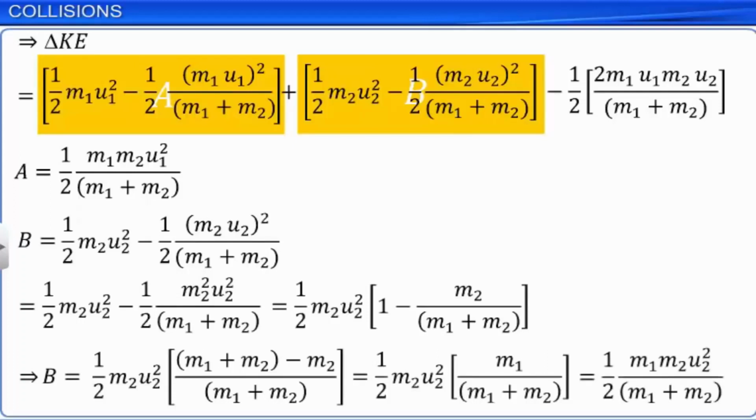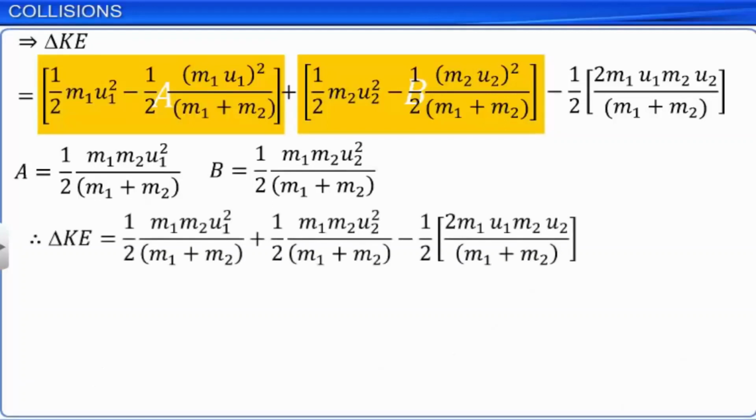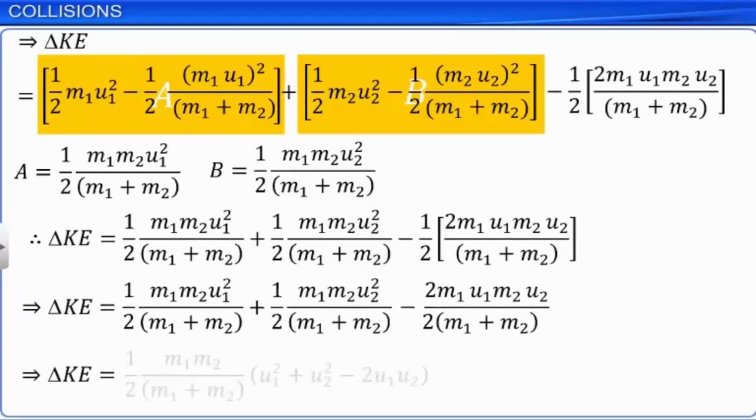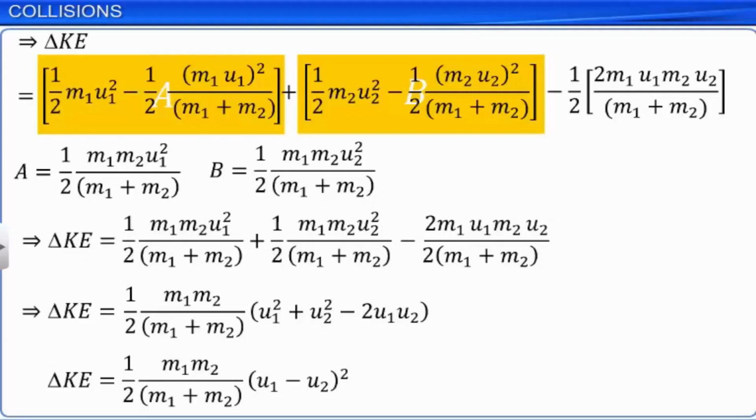Thus, the loss in kinetic energy in a completely inelastic collision, on further simplification, is half m1m2 by (m1 plus m2) into the square of (u1 minus u2). Let this be equation 13.